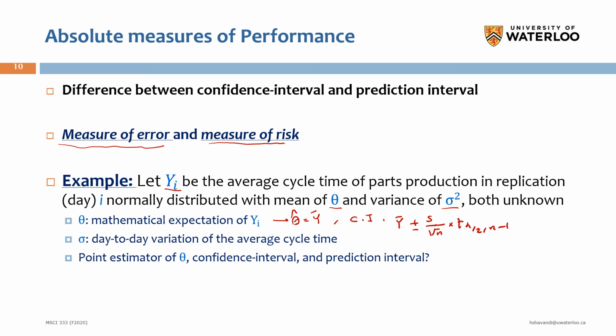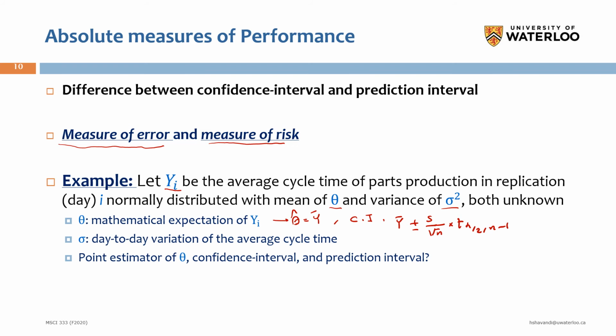Even if we have the true value of the mean theta, we can't say that on a particular day the cycle time will be theta, because theta is an average over a very long time, not for a particular day, right?